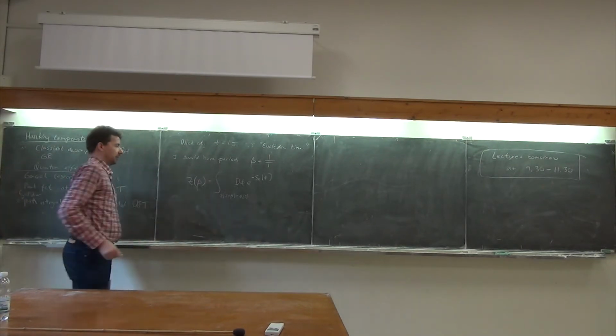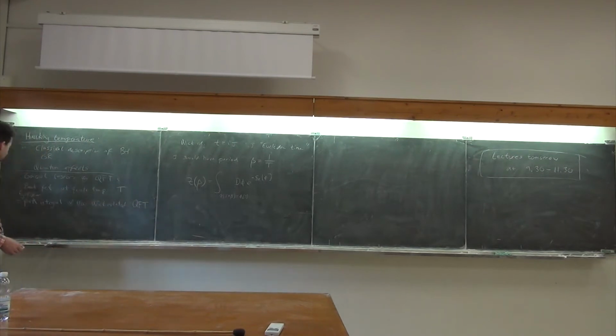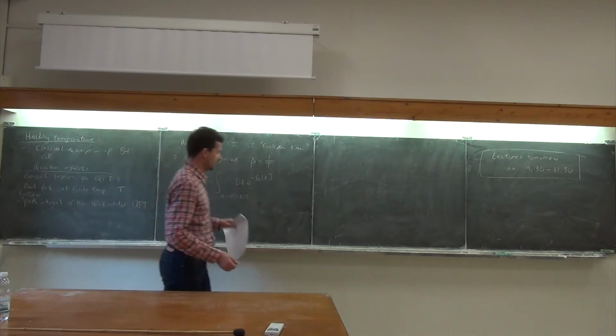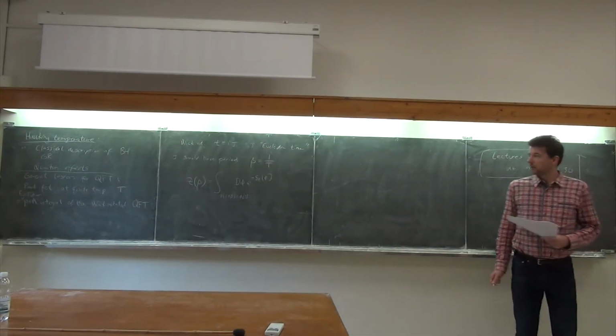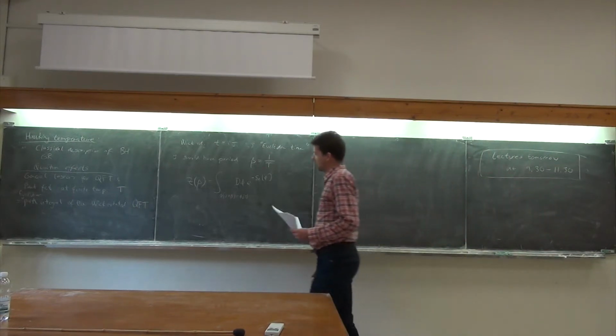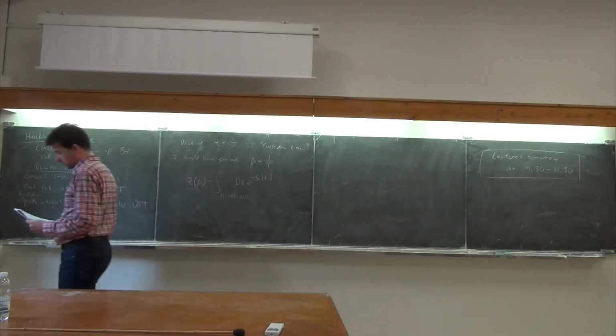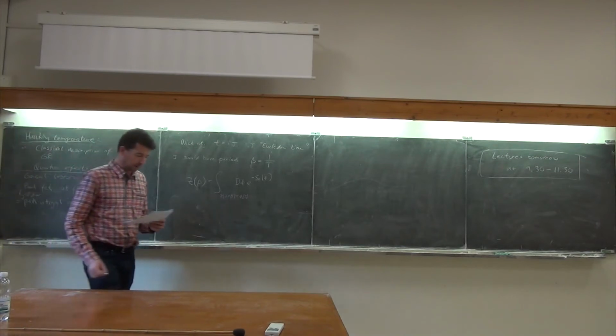So if you perform this path integral, that is equivalent to computing the partition function at finite temperature T. And this is something used in quantum field theory. But now we can use this as a trick to understand what is the temperature of black holes.